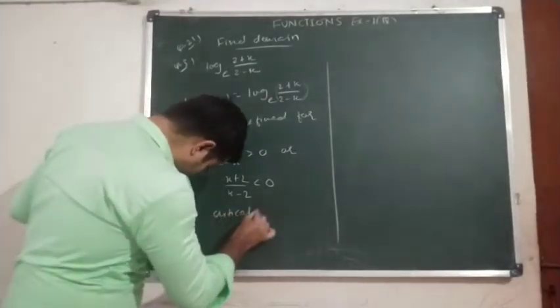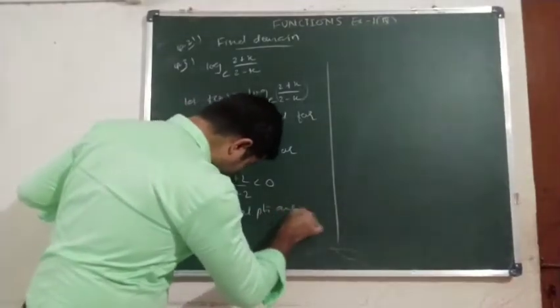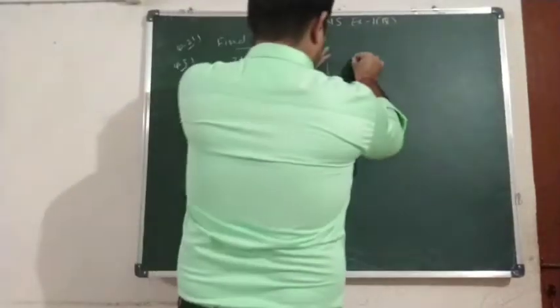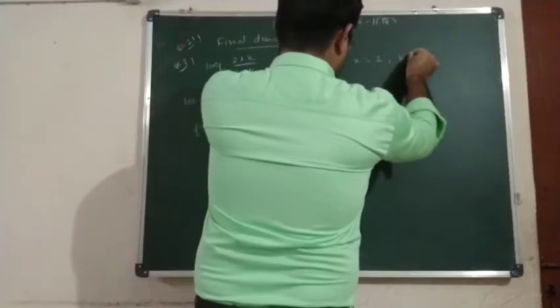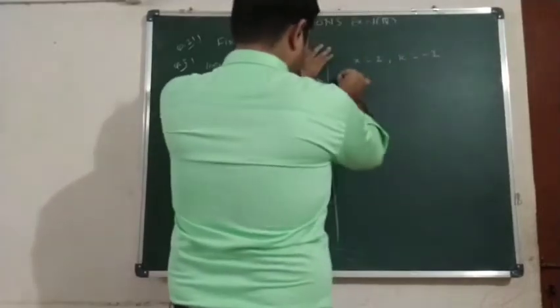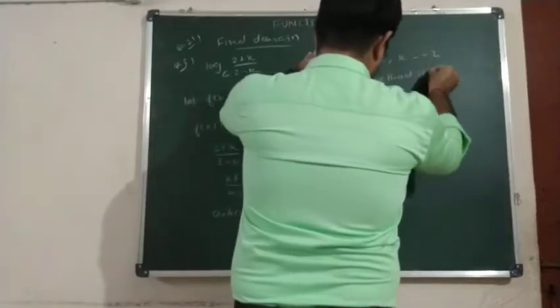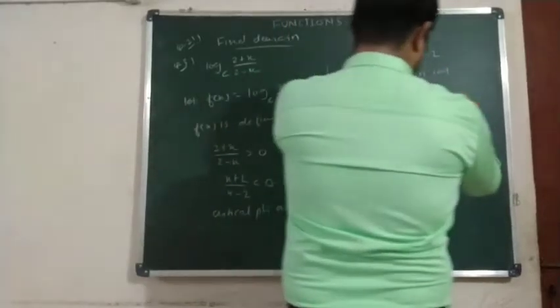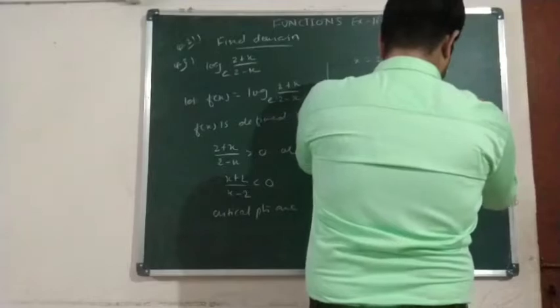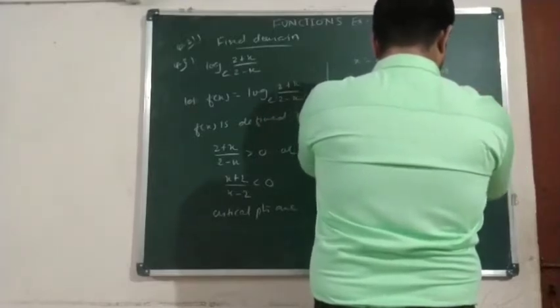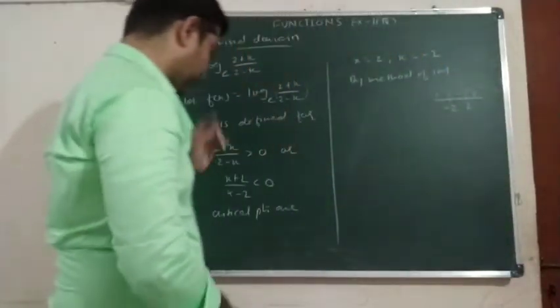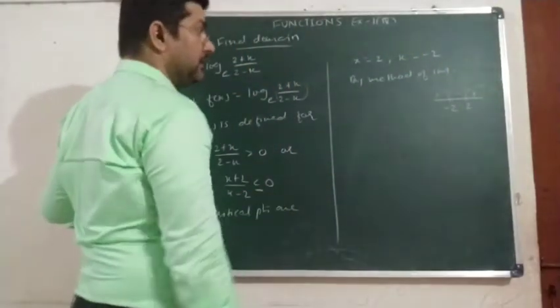Here the critical points are x is equal to 2 and x is equal to minus 2, and therefore by method of intervals we have to see the negative sign.